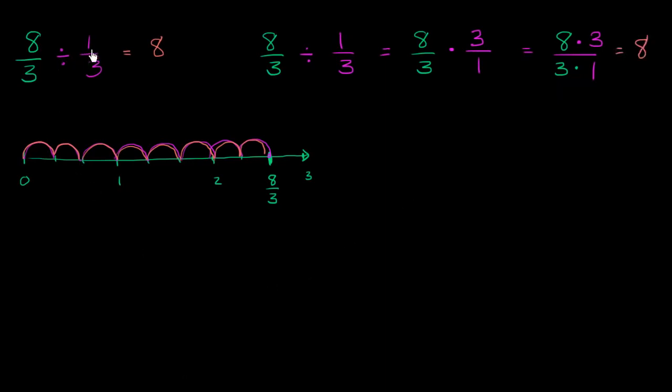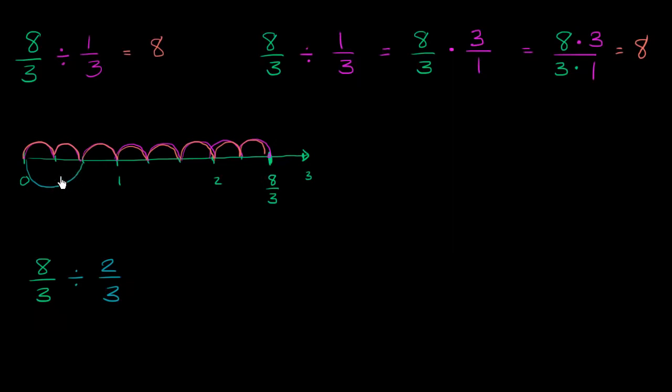Now let's see if this still makes sense. Instead of dividing by 1/3, if we were to divide by 2/3. So let's think about what 8/3 divided by 2/3 is. Well, once again, this is like asking the question, if we wanted to break up this section from 0 to 8/3 into sections of 2/3 or jumps of 2/3, how many sections or how many jumps would I have to make? Well, let's think about it.